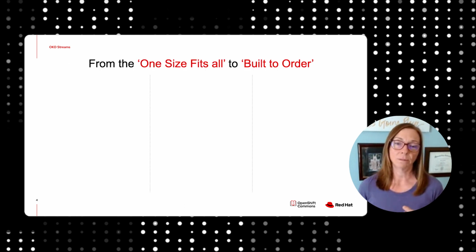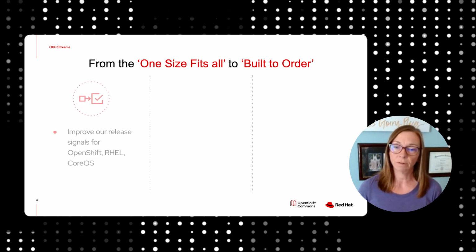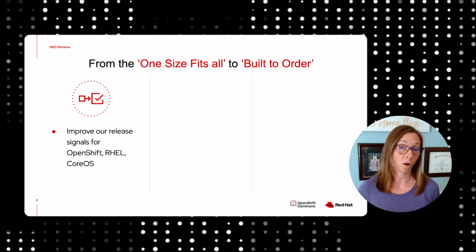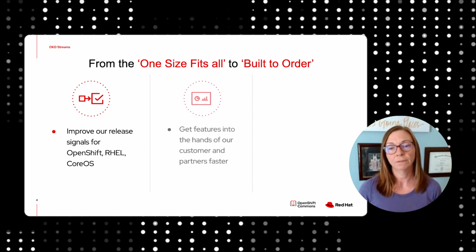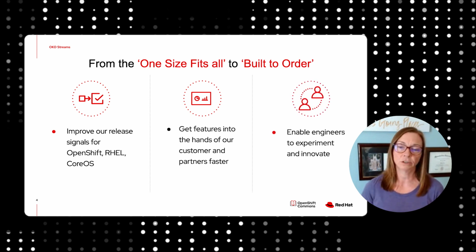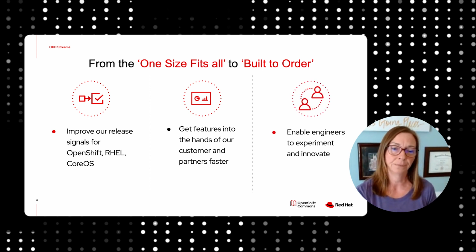There are three main goals that both the OKD working group and Red Hat engineering teams spend a lot of time thinking about. How do we improve our release signals for OpenShift, RHEL, and CoreOS? How do we get features into the hands of our customers and partners faster? And how do we enable engineers to experiment and innovate?